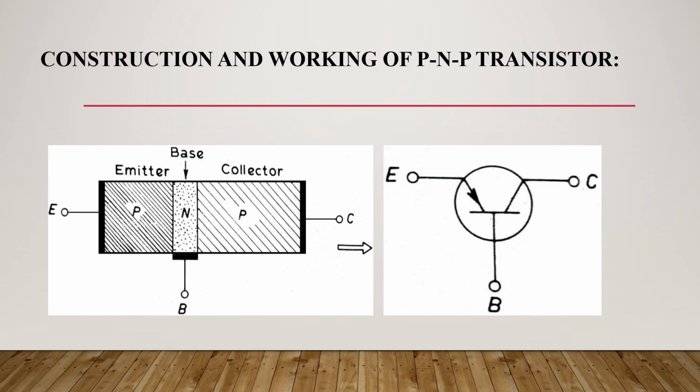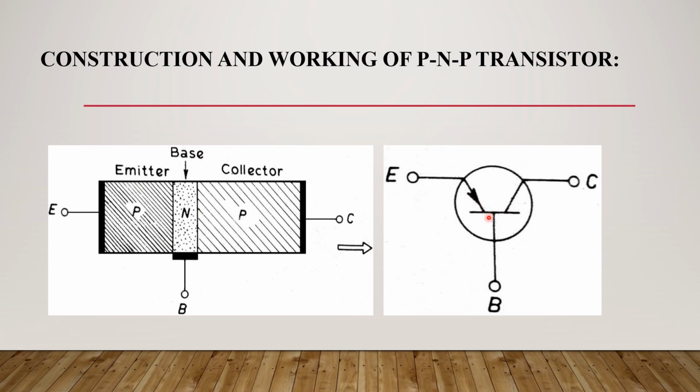Now let us see the PNP transistor. In the PNP transistor, again the base, that is N, is sandwiched between the emitter and collector, where the emitter is p-type semiconductor and the collector is a p-type semiconductor. Here, as I have said earlier, the arrow of the emitter is towards the base.